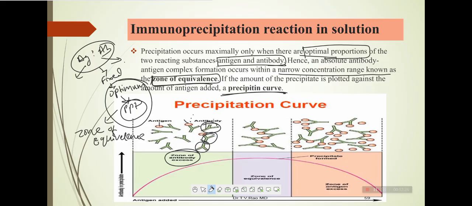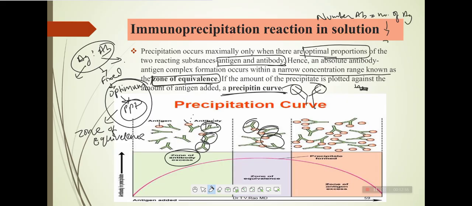Here, you might think the ratio of antibody and antigen is equal, but one antibody has two paratopes, so we can't say that the number of antibody is equal to the number of antigen.